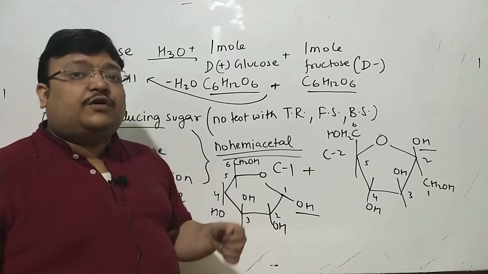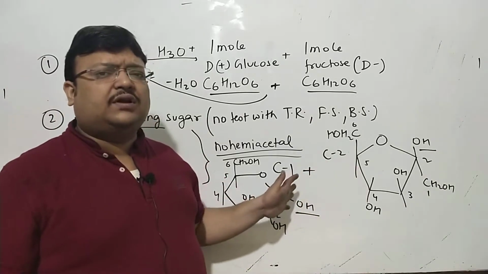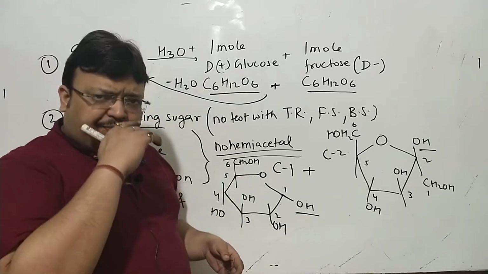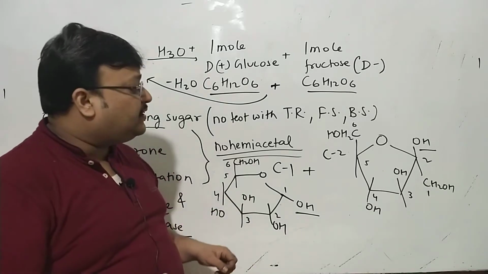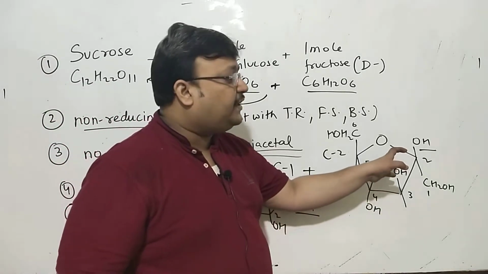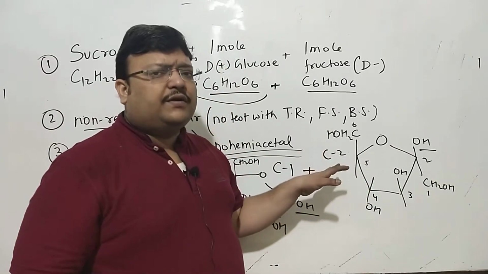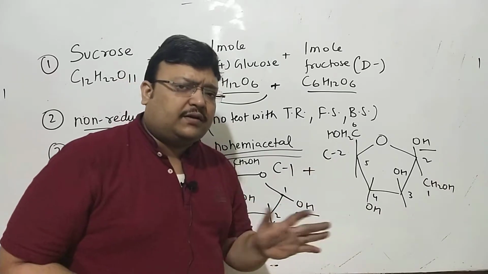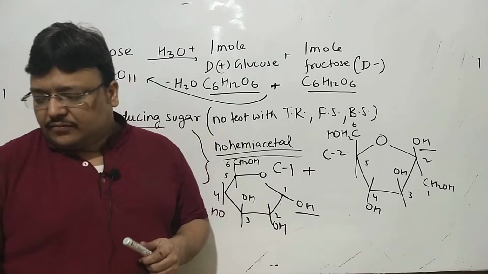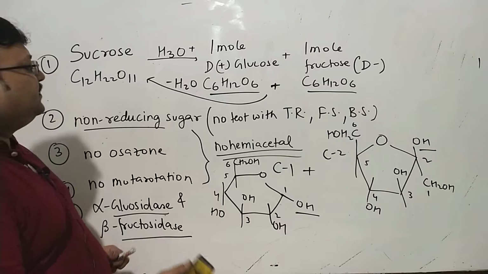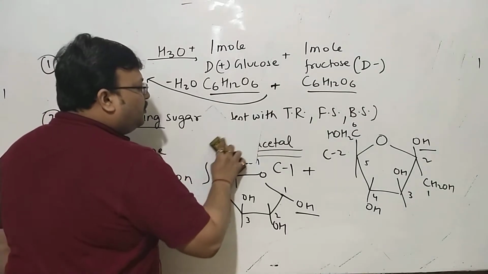If that happened, it would have been reducing, forming osazone and exhibiting beta rotation. That doesn't happen. So under the circumstances, I'll want to draw sucrose.